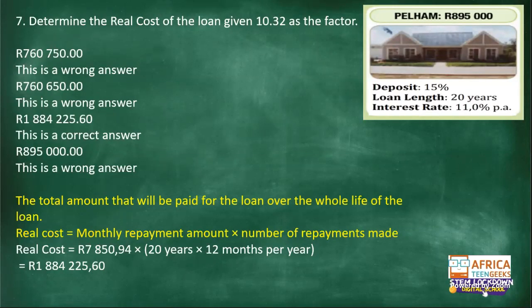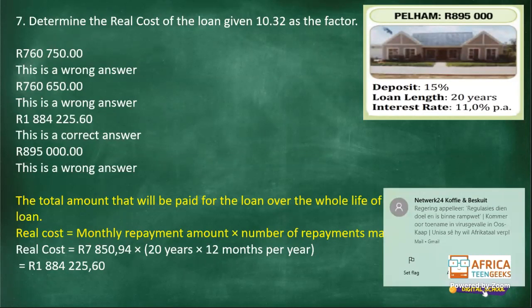And of course, the length of the loan is 20 years. So the interest rate in this case remains 11,0% per annum. Now, how do we determine the real cost of the loan? So we want to know how much this entire loan will cost you.